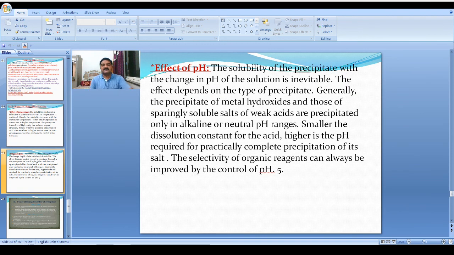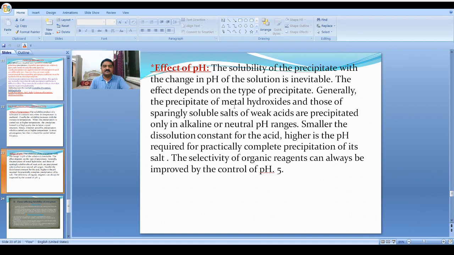Second one, pH, the solubility of the precipitate with change in pH. That means we have to adjust the pH of the solution. The effect depends on the type of the precipitate, whether it is crystalline, curdy, or gelatinous.